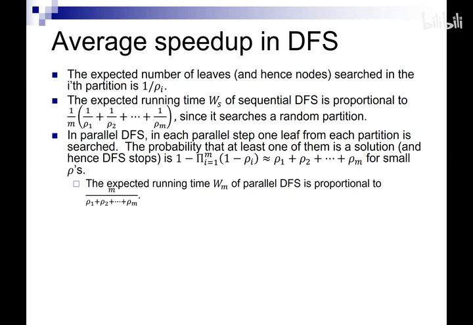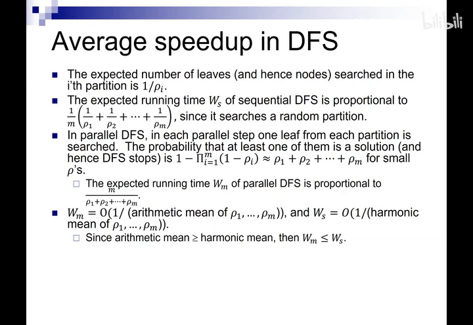So the expected number of time steps you need before you find a solution is 1 divided by this quantity. That's where you get the denominator from. However, in every time step you have m processes running, so they're actually doing m parallel steps, and that's why you need to multiply this by m. So that's the expected amount of work that the parallel processes are doing.